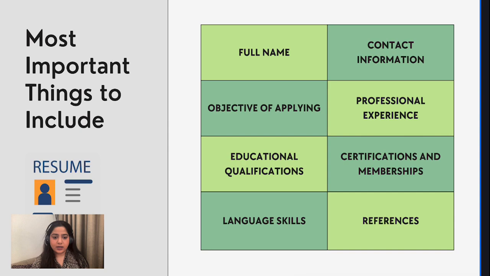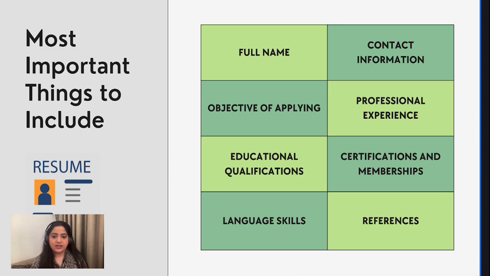The second would be contact information. A lot of people, when they have just moved or are in transition, have different addresses. And they ask, we're staying at a relative's house, can we include that information? Wherever you're staying at the time you're applying would be the best contact information to put.